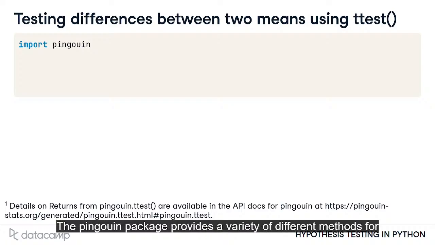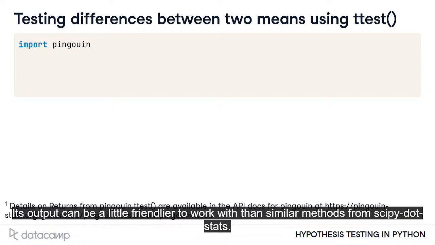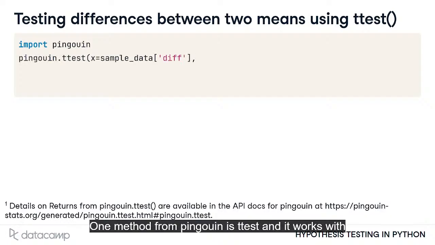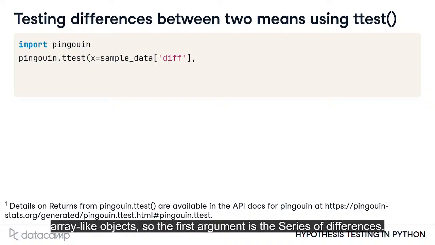The Pingouin package provides a variety of different methods for hypothesis testing and returns the results as a pandas data frame. Its output can be a little friendlier to work with than similar methods from scipy.stats. One method from Pingouin is ttest, and it works with array-like objects, so the first argument is the series of differences.